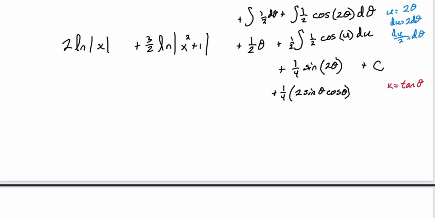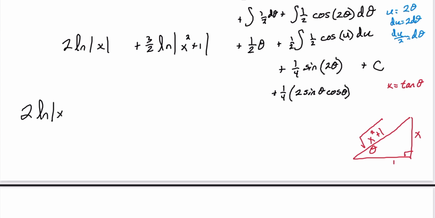Now going to the triangle. Let's call this angle theta, opposite over adjacent. Then the hypotenuse would have to be the square root of x squared plus 1. We have 2 ln absolute value of x plus 3/2 ln absolute value x squared plus 1.